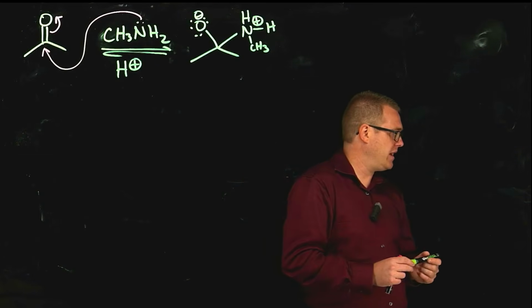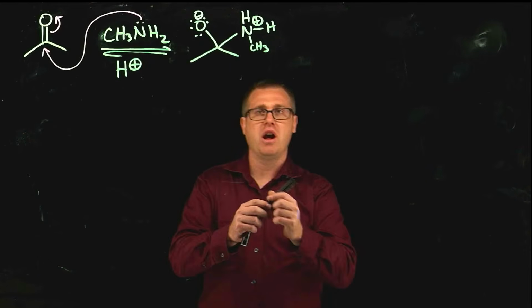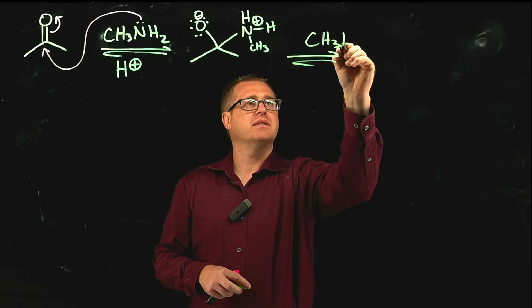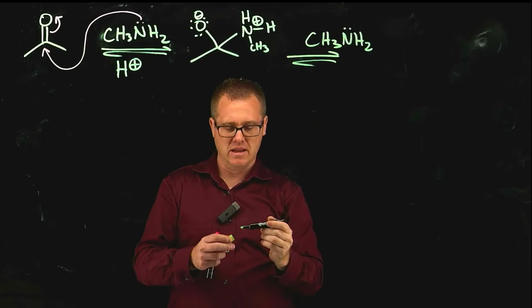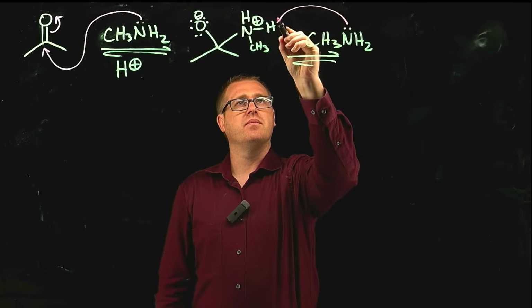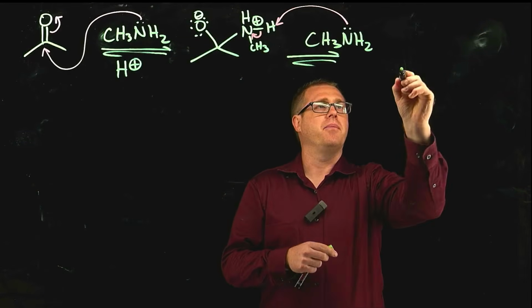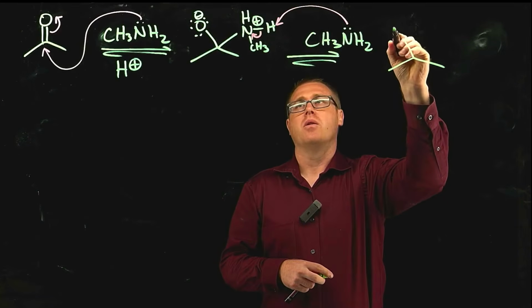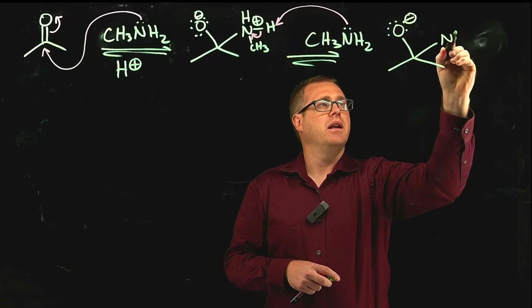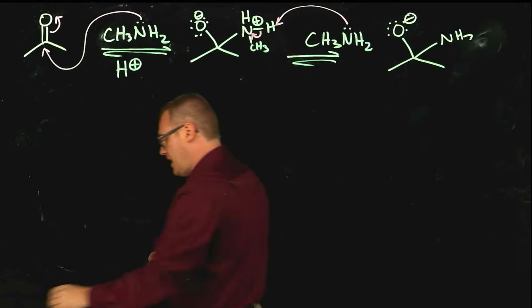Okay, so that's the first step. So now what's going to happen here? Well, because we're going to have an excess amount of our amine present, we will use that to deprotonate. As we deprotonate that, we will have O minus, NH, not NH2, just NH.